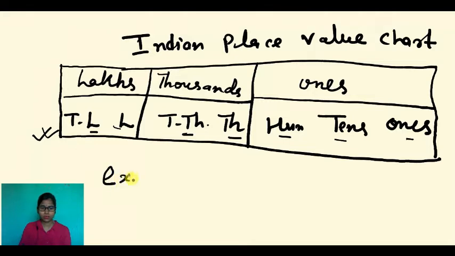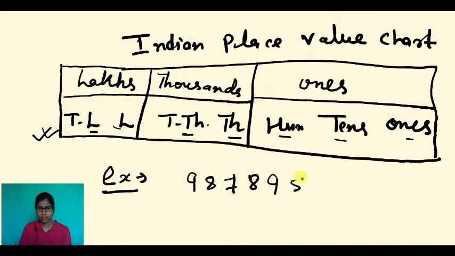As an example, I am taking this number because you are studying large numbers. This is your chapter name, so I am taking large number. This is the example I have taken.